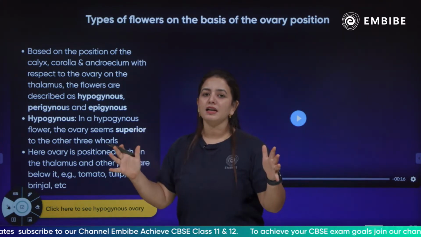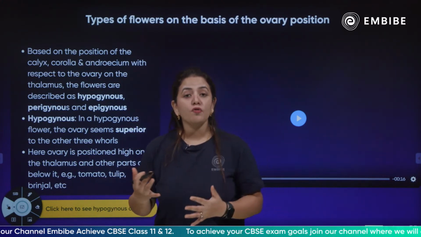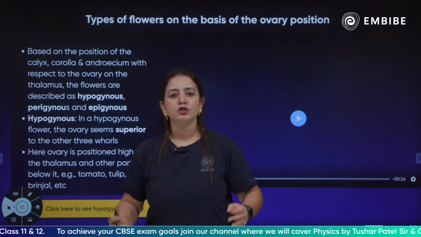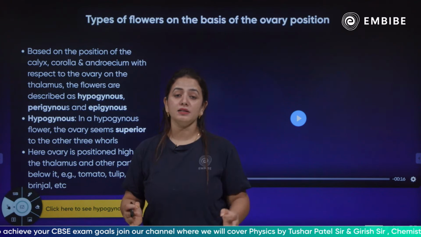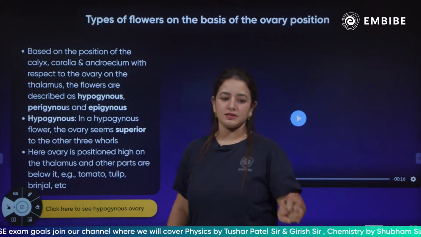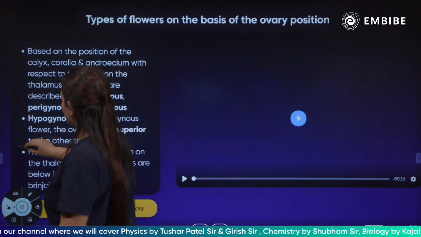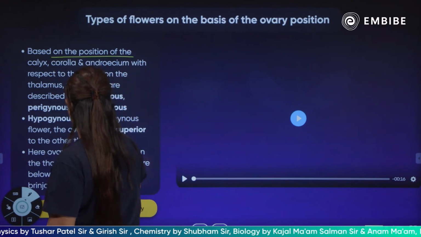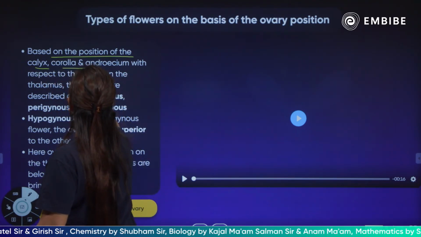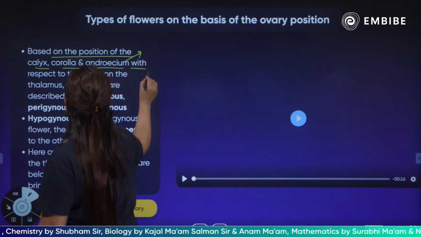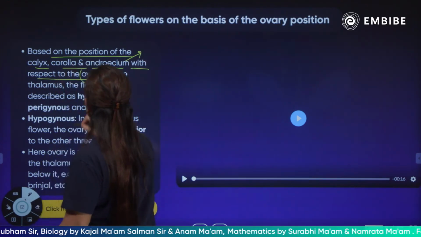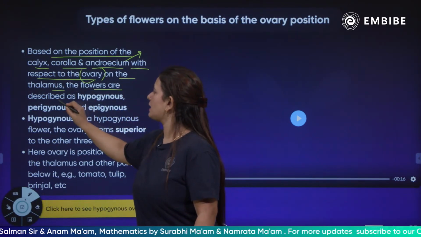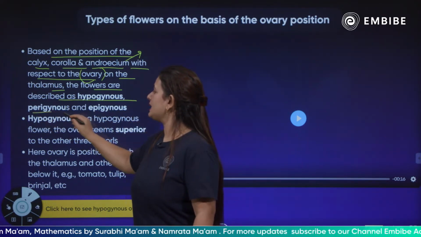Not every flower is very symmetrical in appearance, and the ovary's position varies from one to another. So we know about the calyx, corolla, and androecium, which is the male reproductive part, and with respect to the ovary, of course you know the gynoecium, which is the female reproductive part. On the thalamus, the flowers are described as hypogynous, perigynous and epigynous.